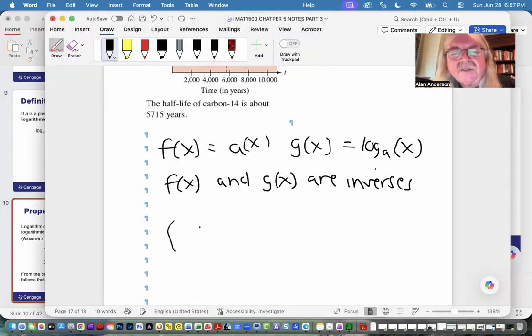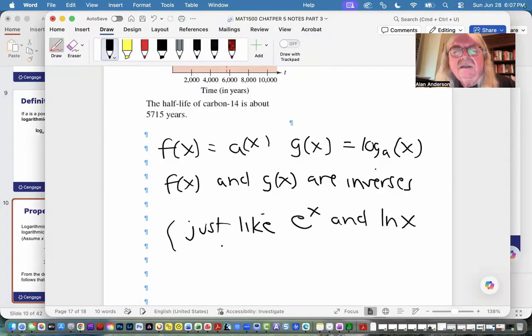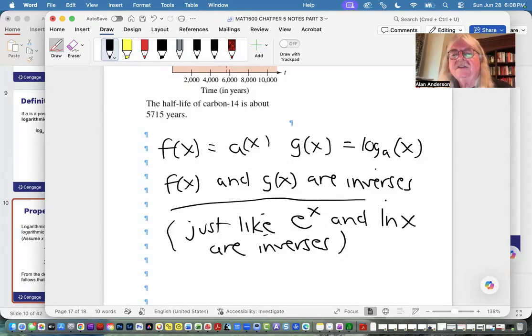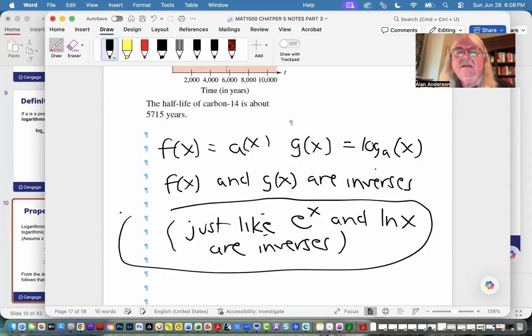And I'll put in parentheses here, just like as we saw earlier, and you can see it's the same thing, except that the base is e instead of just some a. But a can be anything. It could be any constant, including e. If it is e, then it becomes this expression. Okay, but they just want you to see that it works for all bases.